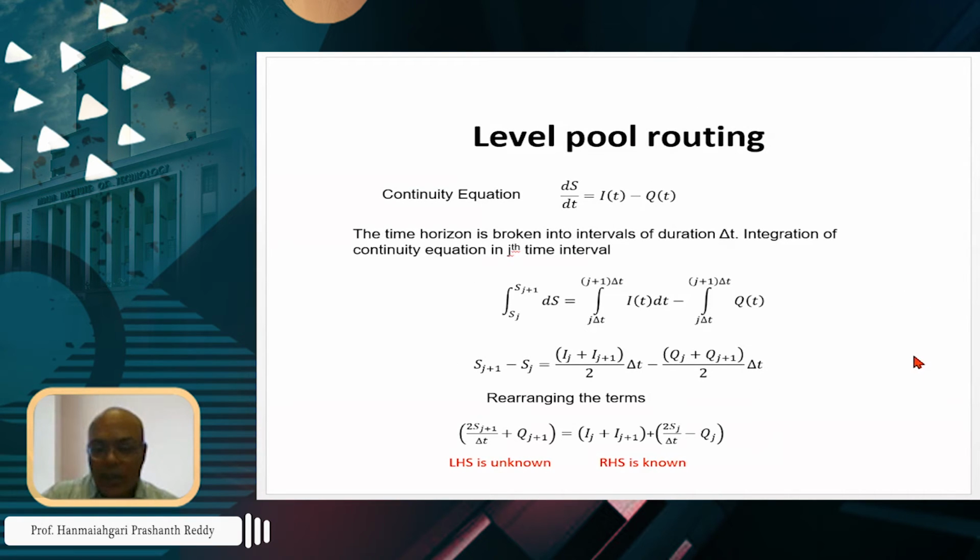So in level pool routing, let us derive the governing equation, I mean the equation which we use to calculate the outflow hydrograph. The basic equation is the continuity equation, that is dS by dt is equal to I(t) minus Q(t).